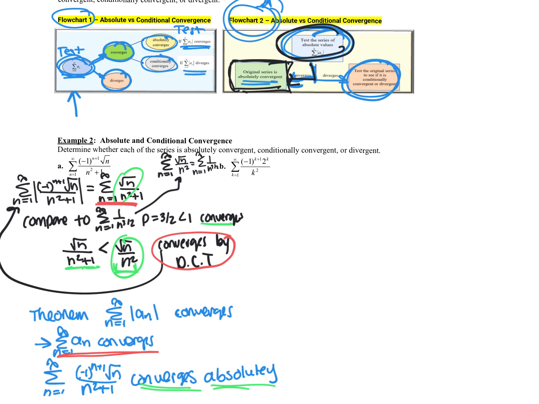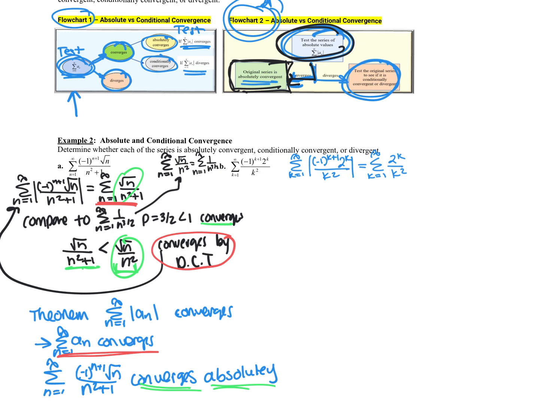So we'll start by testing the absolute value. And so that will make the -1 to the n go away. Everything else will be positive, so it will just be 2 to the k over k squared.